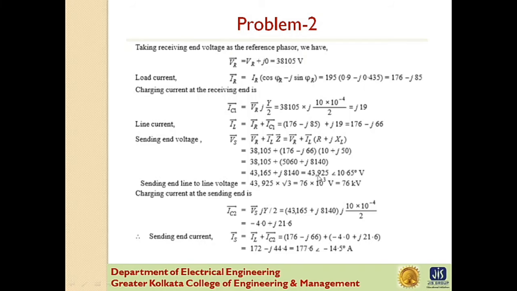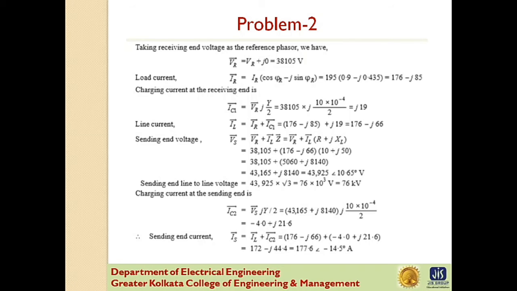Now this is the phase voltage, so we multiply this magnitude by √3. We get the sending end line to line voltage, that is 76 kV. Similarly, the charging current at the sending end, IC2, is equal to Vs J Y by 2, which is equal to minus 4 plus J21.6, by putting the value of Vs and Y. Sending end current Is equals line current plus current through the capacitance at the sending end.